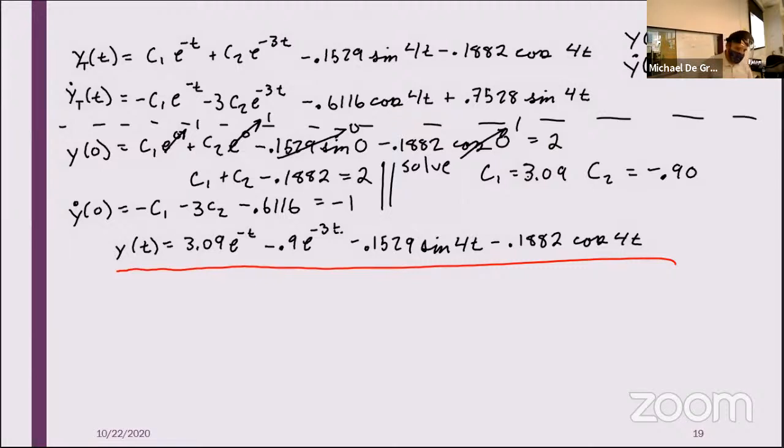Yeah, you can use that table and do it that way. Would it look exactly like what we just got? No, it won't, because I assume that we've got a sine and cosine function as our particular solution. It won't look exactly the same.